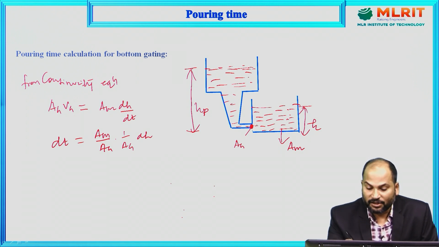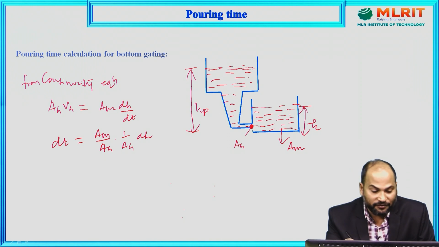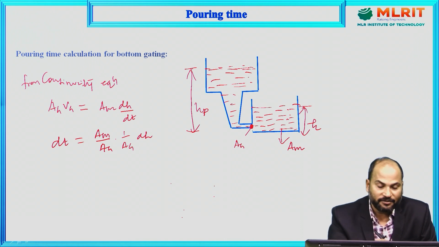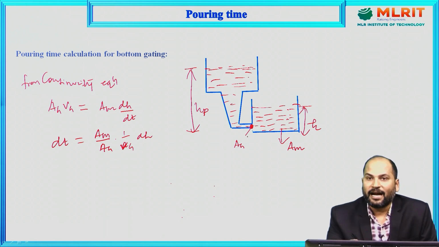But as liquid is coming in and filling the mold cavity, it slowly starts to decrease. So it is not free from this dH, which is the height of the liquid inside the mold cavity. It is not independent of VG, the velocity of liquid at the gate position.